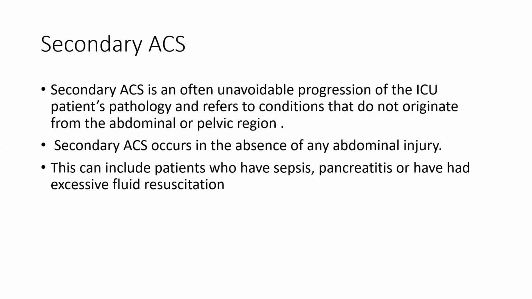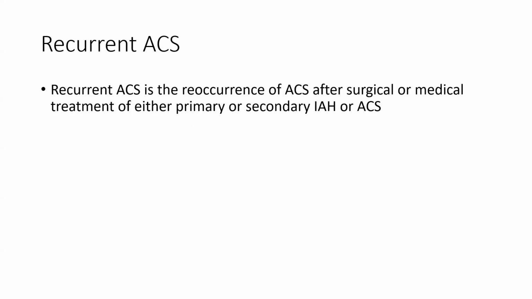Secondary ACS is an often unavoidable progression of ICU patients' pathology and refers to conditions that do not originate from the abdominal and pelvic region. Secondary ACS occurs in the absence of any abdominal injury, and this can include patients who have sepsis, pancreatitis, and have had excessive fluid resuscitation.